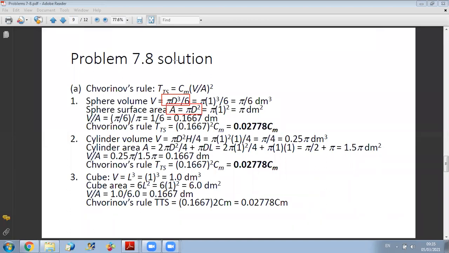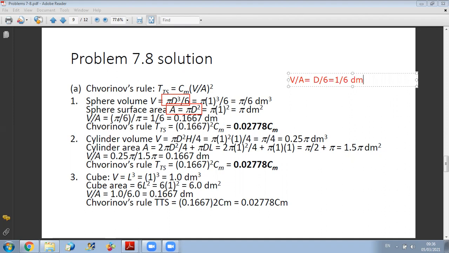So if you do the ratio for the sphere, you will get that V over A for the sphere is equal to pi will be simplified, you will just have d over 6. So this is V over A for the sphere, and since the diameter here is given, it's 1 decimeter, so it's 1 over 6. So we got the ratio for the sphere.